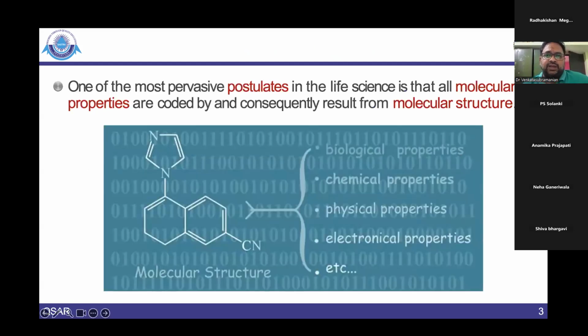We very well know that all the properties of a molecule, whether biological, chemical, physical or electronic, depend on its structure. That is one of the fundamental hypotheses. All properties are derived from the electronic arrangements or atomic positions and so on. So the molecular structure and the electronic structure play a vital role in this.